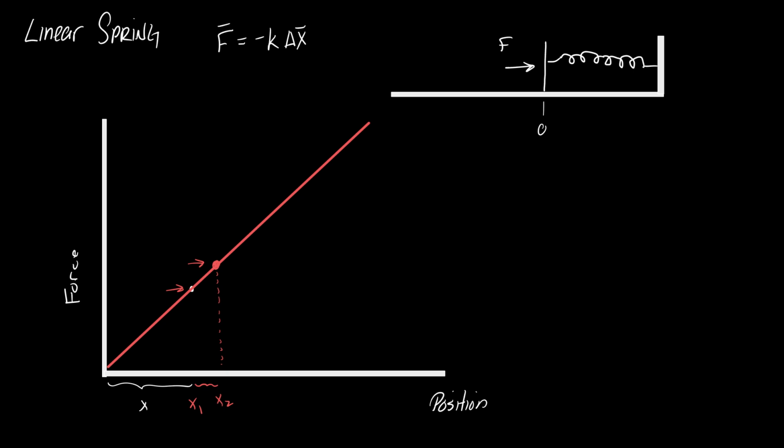Well, if I wanted to calculate how much work it takes to compress that spring, I cannot use this definition of work. Because for each small change in X, the force doesn't stay the same.